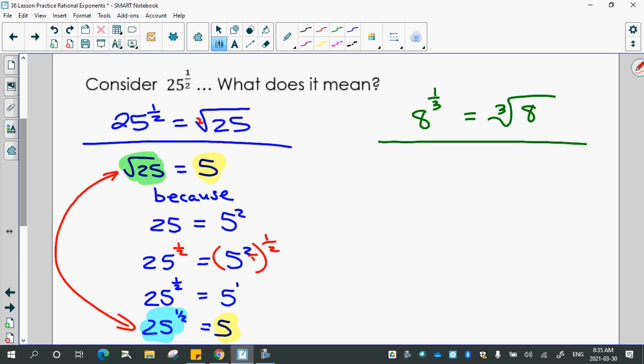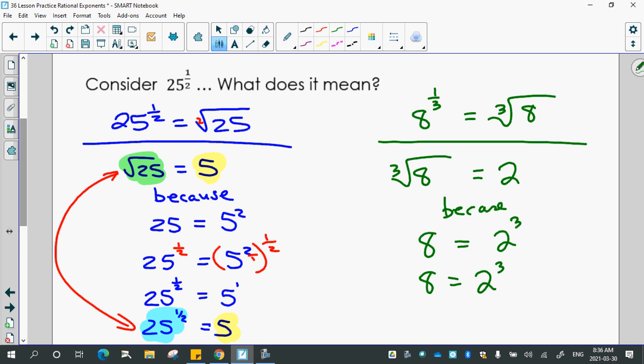And we would be able to figure out that the third root of 8 is equal to 2. That's because 2 to the power of 3 is equal to 8. 2 times 2 is 4, times 2 is 8. Then we're going to put both sides to the exponent 1/3.